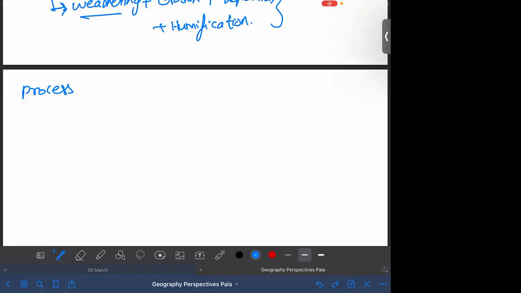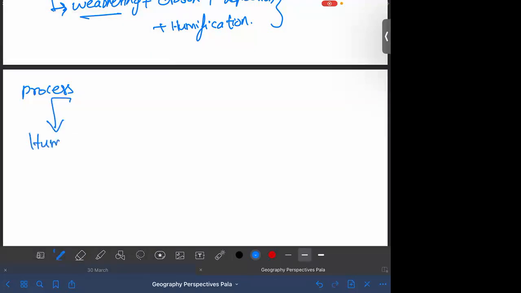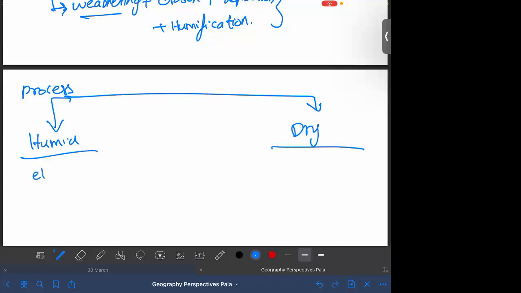Capillary action, need not write because capillary action is familiar. Water rising up. Now, this process can be classified into two categories: the humid climate and the dry climate. In a humid climate, you have eluviation and leaching happening, where precipitation is greater than evaporation.